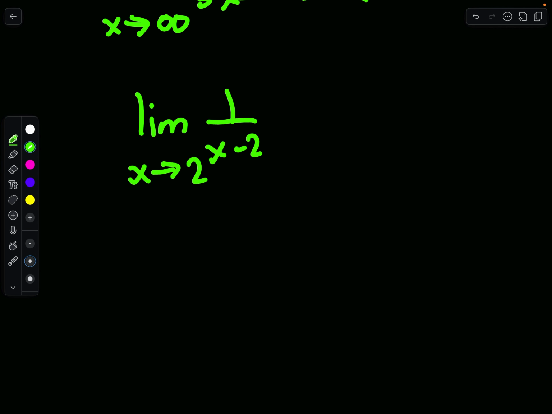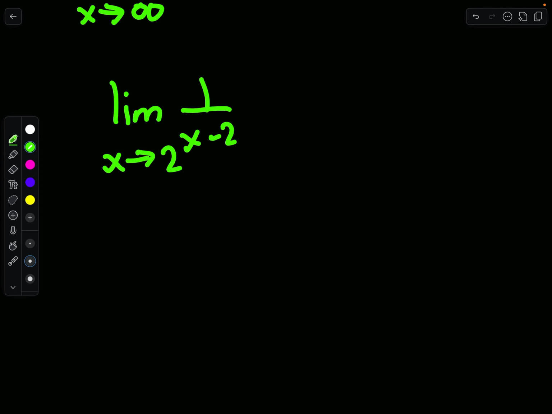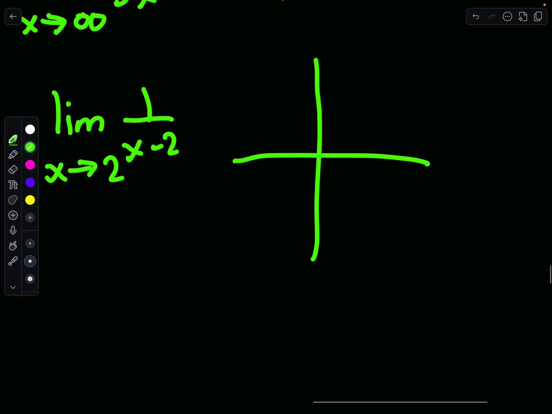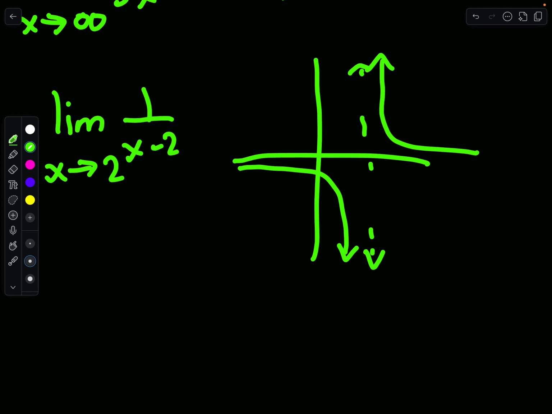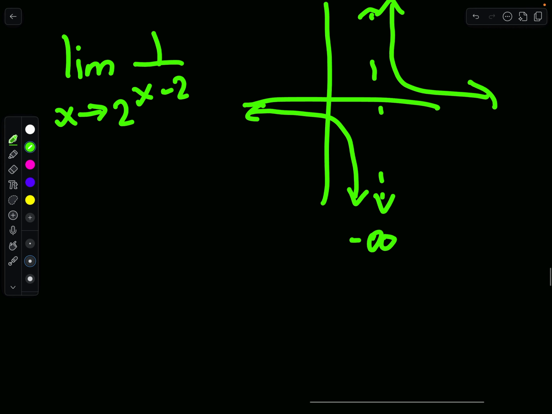Now from the left, if we draw the function, we'll see that from the left, y approaches negative infinity, but from the right, it approaches positive infinity. This here is positive infinity. This is negative infinity. This means that x equals 2 is a vertical asymptote, or rather, VA.